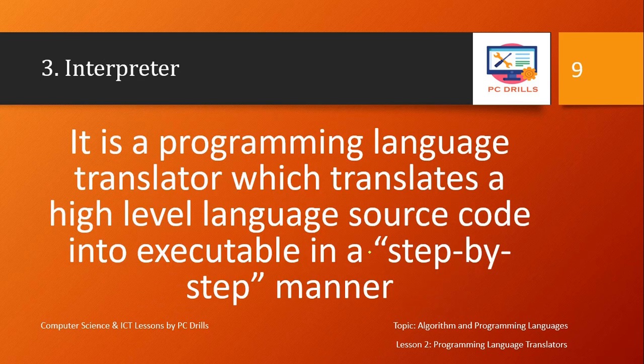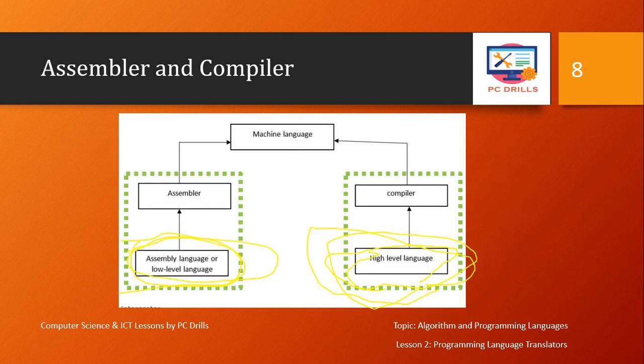Next, we have the interpreter. The interpreter is a programming language translator which translates high-level language source code into executable in a step-by-step manner. Remember the compiler, we said it compiles from high level into machine language.